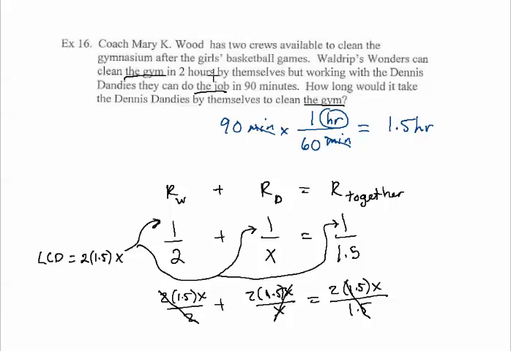and it leaves us with the equation 1.5x plus 3. 2 times 1.5 is 3, and that equals 2x. To solve for x, we subtract 1.5x from both sides.